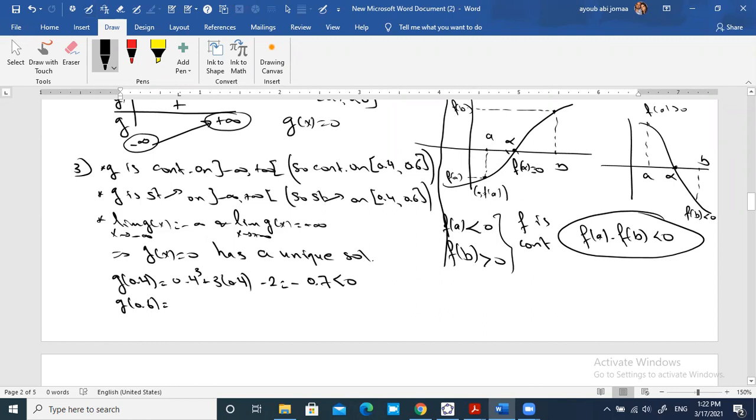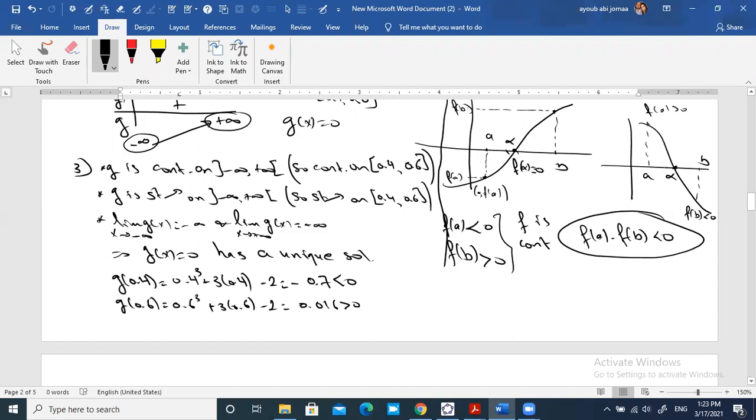And g of 0.6: replace, 0.6 to the power 3 plus 3 times 0.6 minus 2, and the answer is 0.016, it's positive.